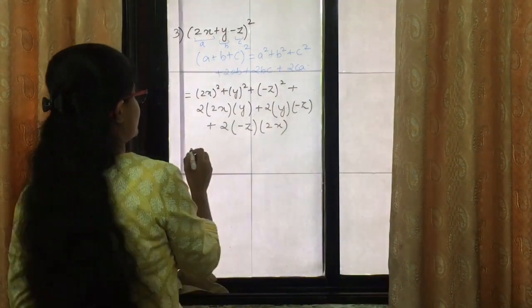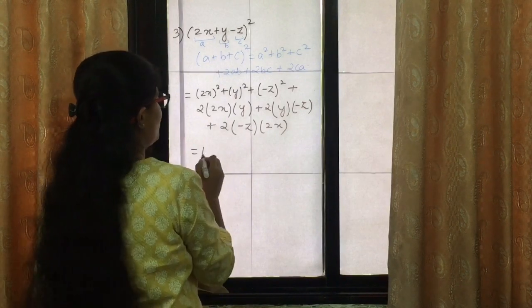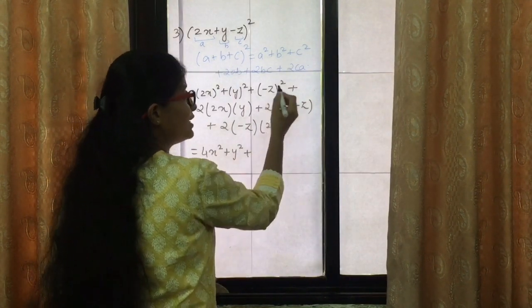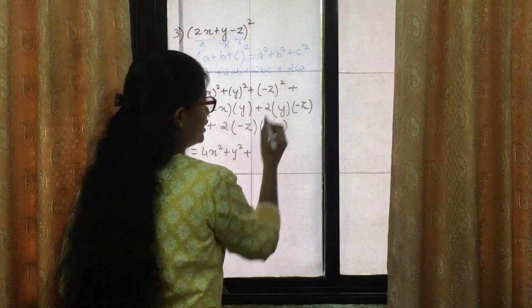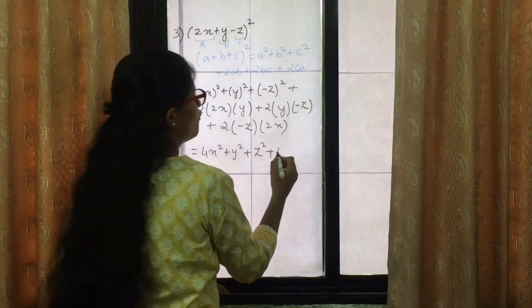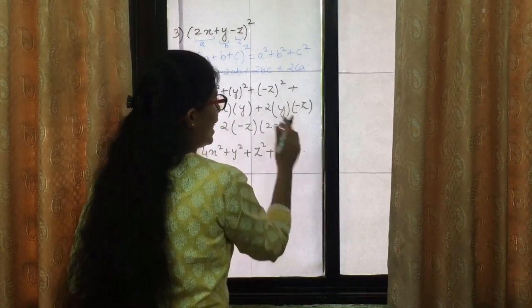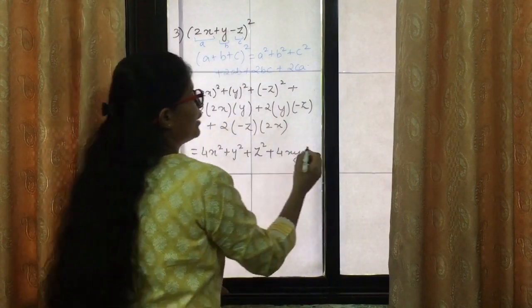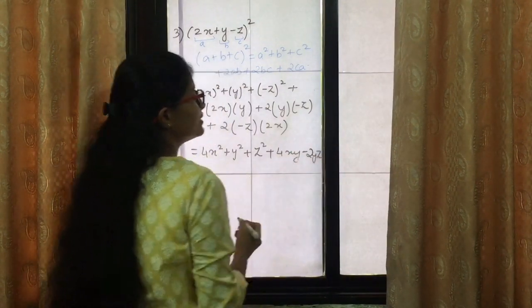Now let's see what happens. (2x) whole square will give you 4x square plus y square, plus (minus z) square will become plus z square, plus 2 into 2 will become 4xy, and since inside there is a minus, the minus sign comes outside. That will be minus 2yz.